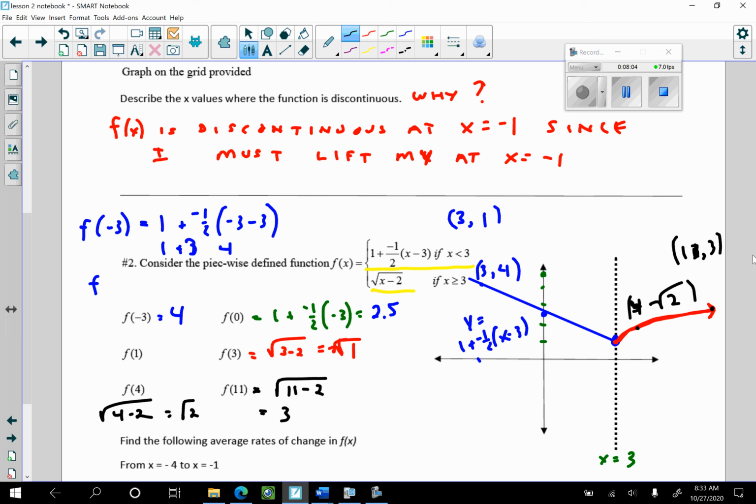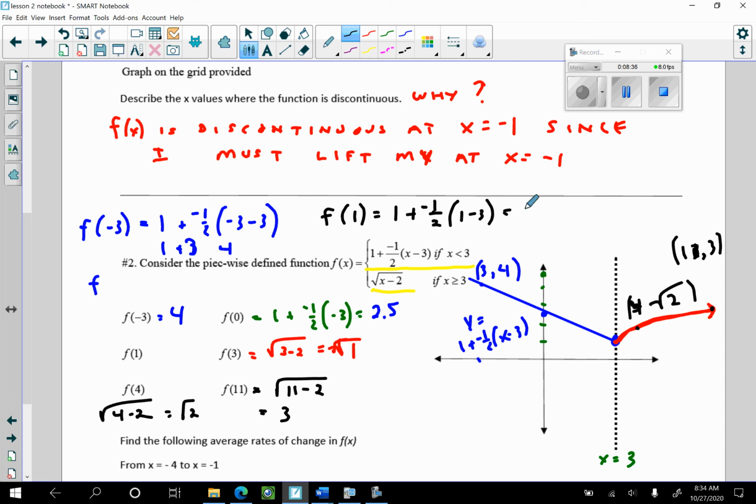Okay. F of 1, I'm going to put f of 1 into this guy right here, because 1 is in this piece. And that one's going to be an easy one to find as well, because 1 minus 3 is negative 2 times negative 1/2 is going to be a positive 1.